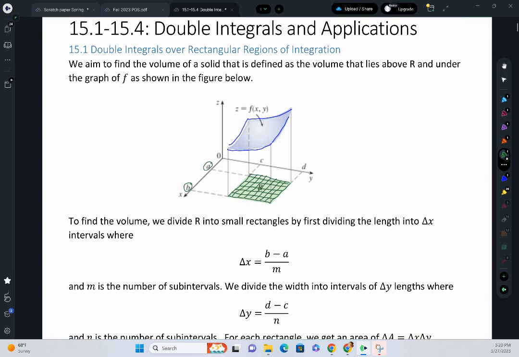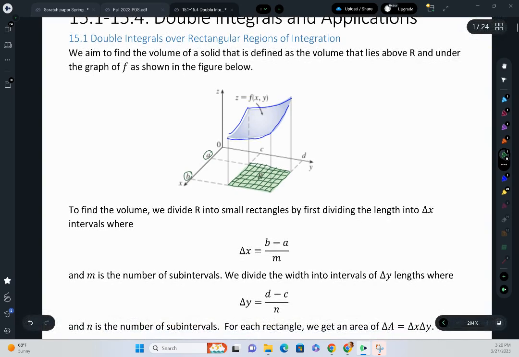That's going to give us the length of our delta x, and similarly for delta y, if we have c as the initial y value and d is the final y value, and we want to cut our strips into n rectangles, then we would take d minus c and divide it by n. That would give us the length of each of the delta y's.